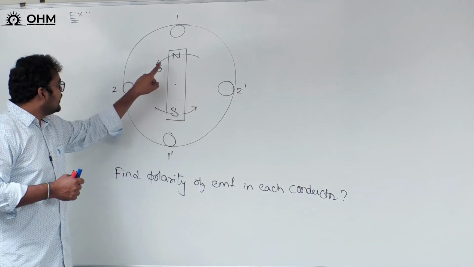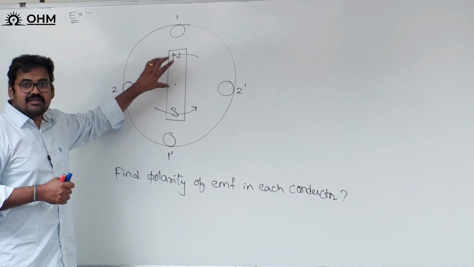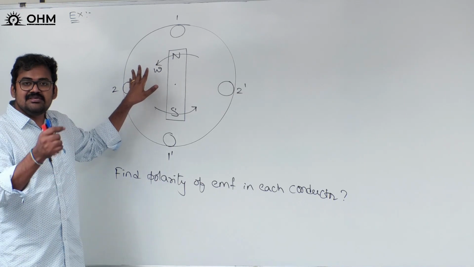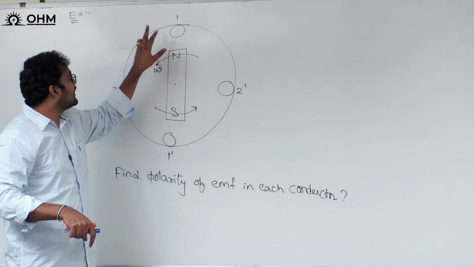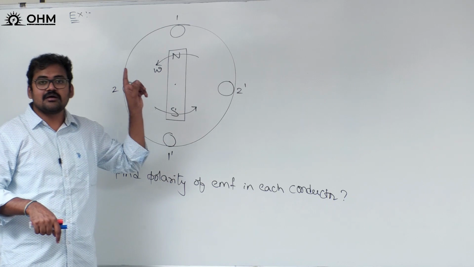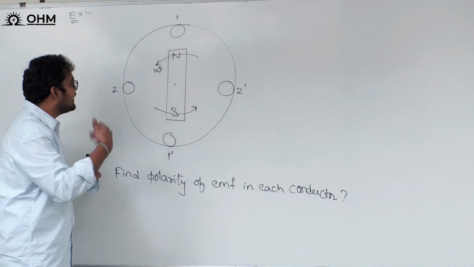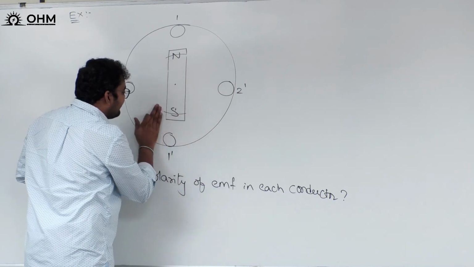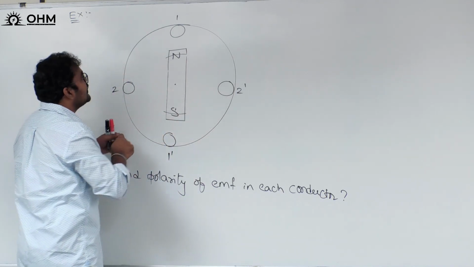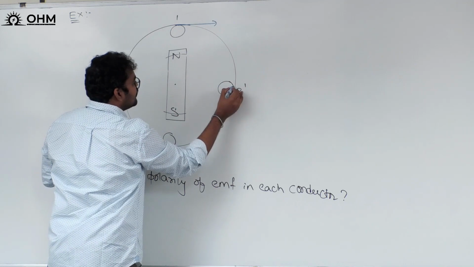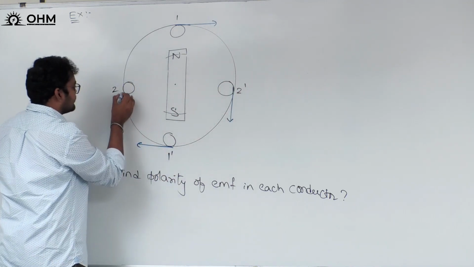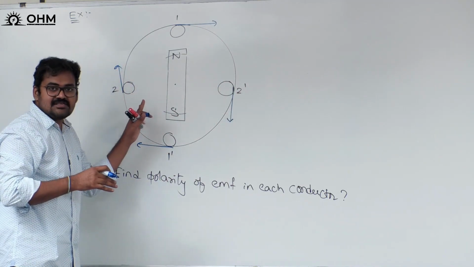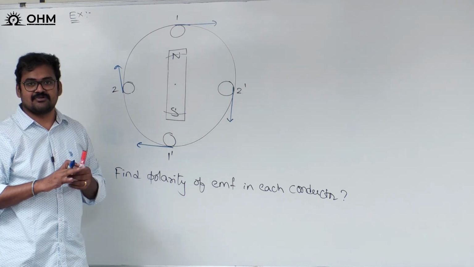I told you that magnetic field moving in anti-clockwise direction is equivalent to conductors moving in clockwise direction. So therefore what I can do here is that I can assume these field poles are stationary and conductors are moving in clockwise direction. Yes, this case is very similar to the previous case, right or not?